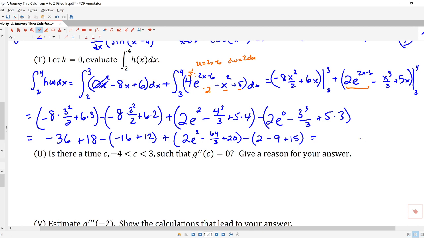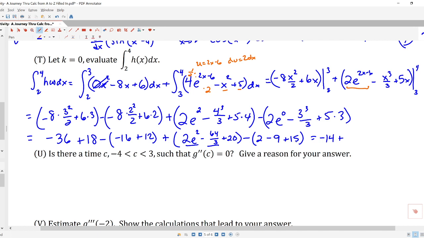All right, let's see here, trying to utilize the space that we have left. Negative 36 plus 18 is negative 18. Negative 16 plus 12 is negative 4. Minus a negative 4 is plus 4. So negative 18 plus 4 is negative 14, plus, I'm going to hold off on these two terms, those are the weird ones. 2 minus 9 is negative 7.